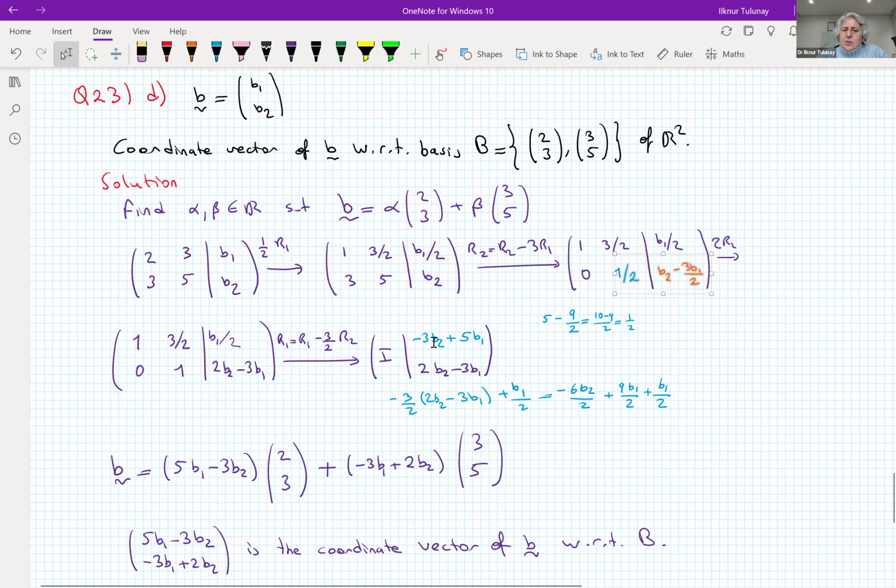So that's minus 3B2. So what we have here, this is alpha, this is beta. So B is alpha times this vector plus beta times this vector. So this vector here is the coordinate vector of B with respect to the basis B. So this is my shortcut for with respect to. I think this is clear for you.